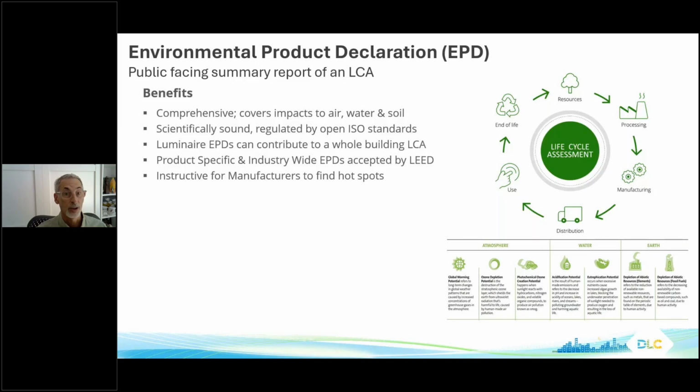Luminaire EPD results can be used to contribute to the life cycle assessment of a whole building. Both product specific and industry-wide EPDs, and I'll talk a little bit about industry-wide EPDs later on, are accepted for credits in LEED. And doing a life cycle assessment can be extremely instructive for a manufacturer to find the hotspots to drive continuous improvement.